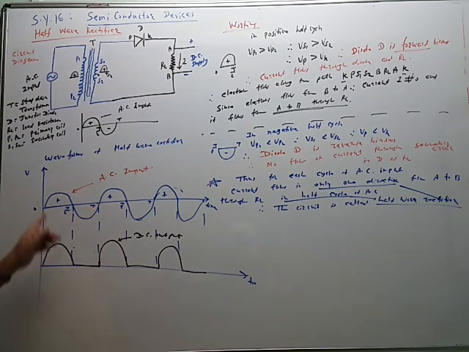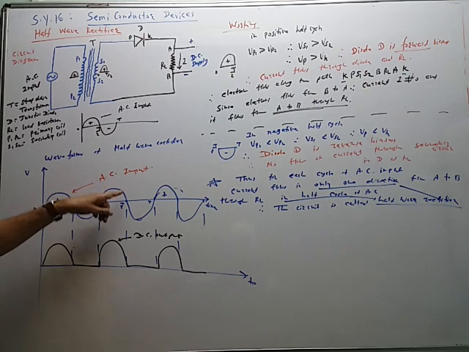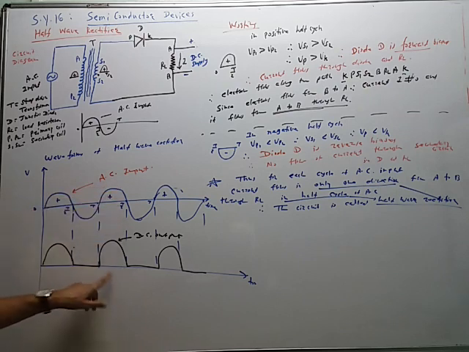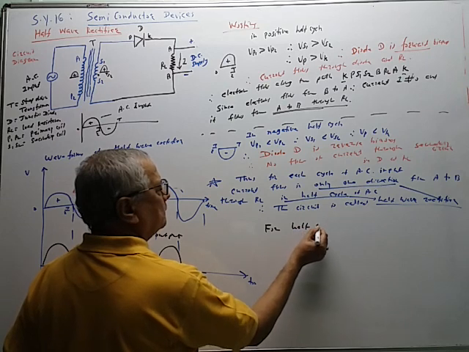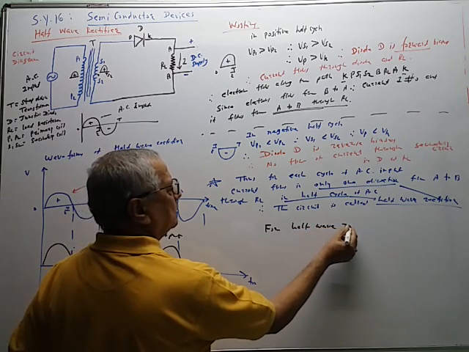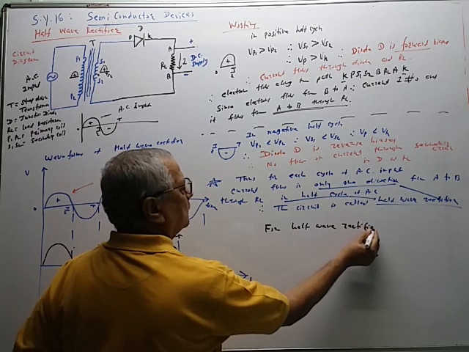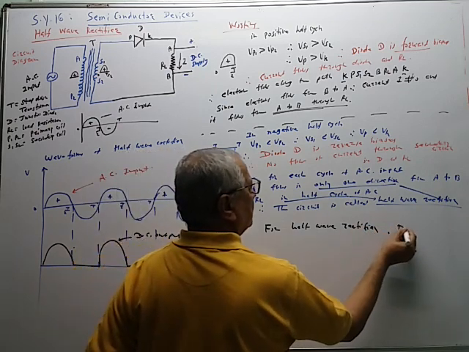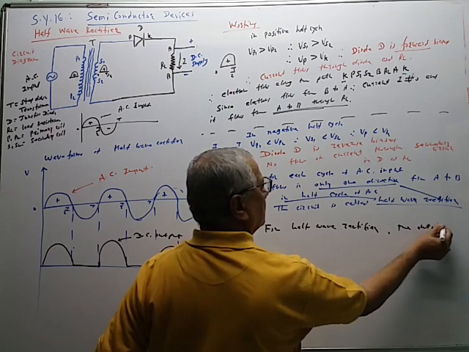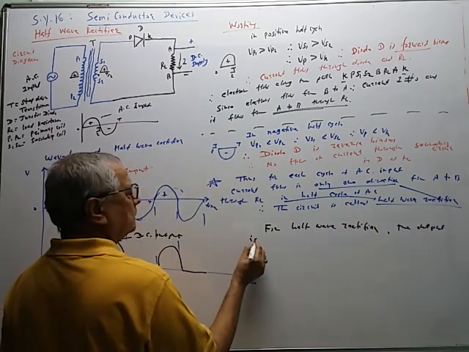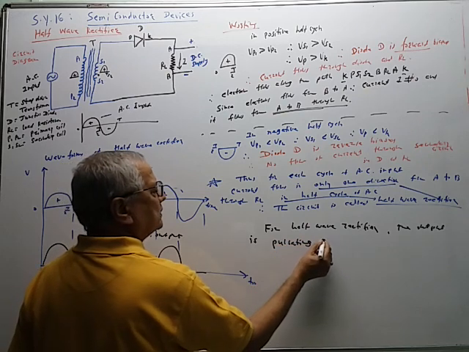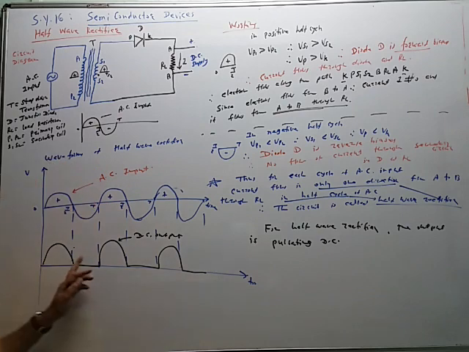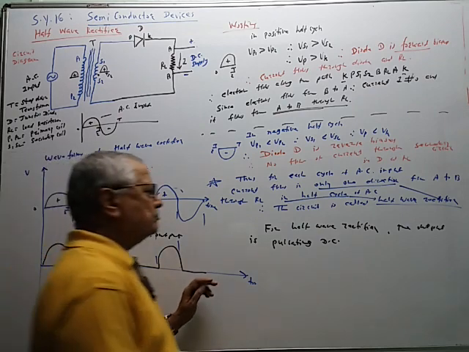Now in this case, this AC has frequency 50 Hz, this has also frequency 50 Hz, because in this case there is no current. So for half wave rectifier, the output is not a perfect DC, but it is a pulsating DC. Why pulsating DC? Because there is a change in its magnitude.